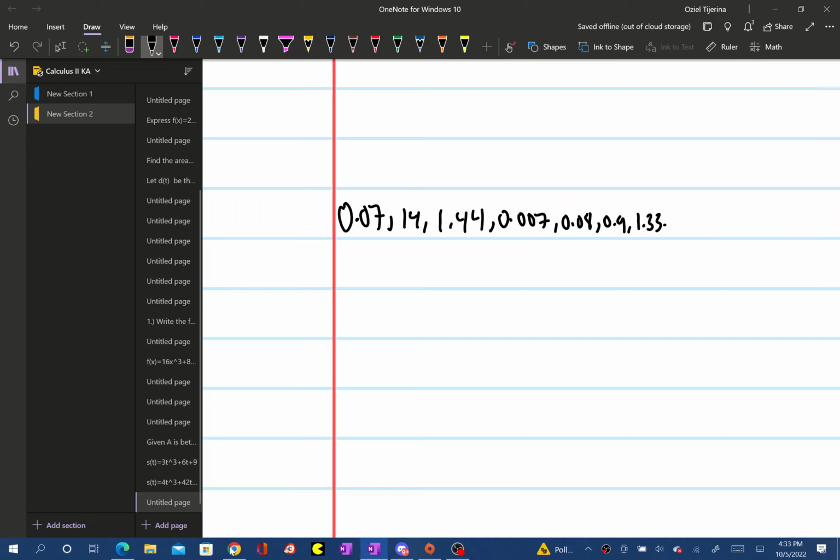Okay, so we want to arrange it from least to greatest. Now, they all have to have the same number of decimal places.